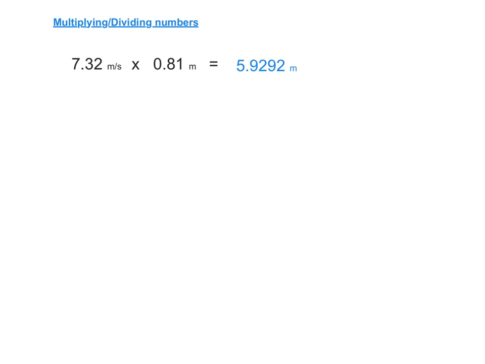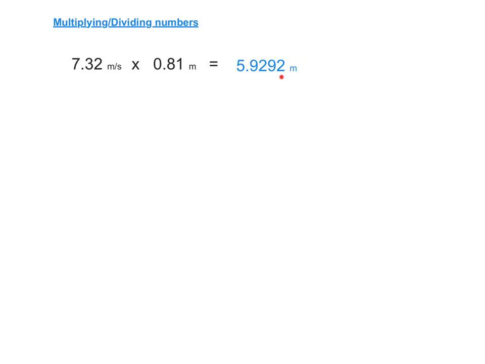So here's the very easy rule. Look at the first number that you're multiplying or dividing. Count up the number of significant figures. This one has 1, 2, 3 significant figures. Look at the next number. This one only has 1, 2 significant figures. You always choose the number that has the least amount of significant figures. So in our example, it's 2.